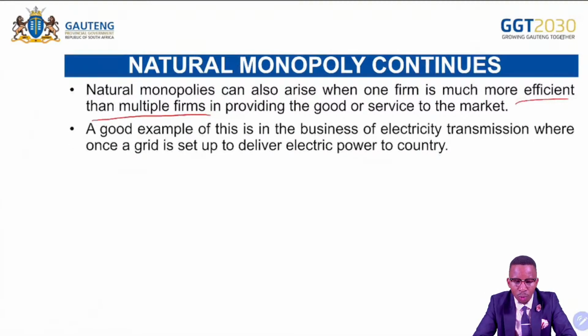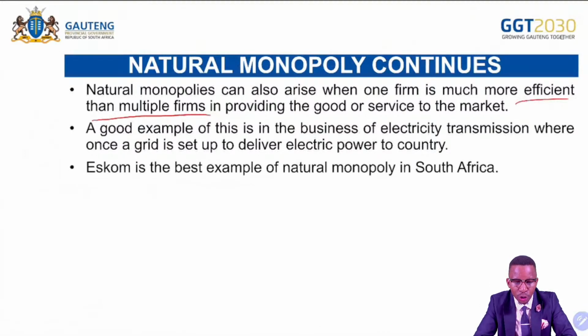A good example of this is the business of electricity transmission, where once a grid is set up to deliver electric power in a country, there is only one grid that is set up. Eskom is the best example of natural monopolies in South Africa. Eskom does not have any perfect competitor. As much as there will be sub-branches of Eskom, Eskom remains the main supplier of electricity in South Africa.